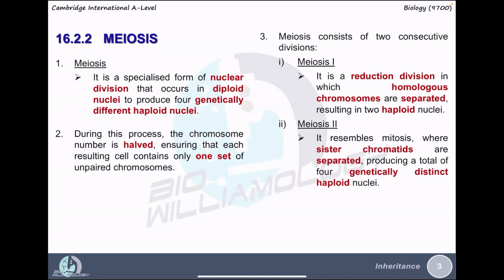Therefore, during meiosis 2, sister chromatids are separated, producing a total of 4 genetically distinct haploid nuclei. During these 2 meiotic divisions, a diploid cell will be divided into 4 haploid nuclei or 4 haploid gametes.